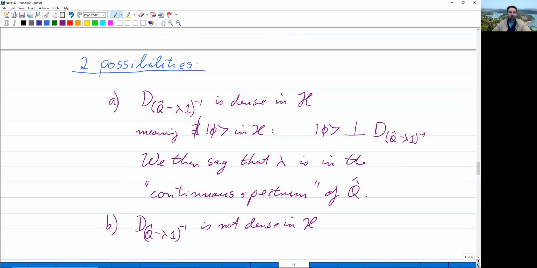This is the situation for the position operators and the momentum operators of quantum mechanics. So this will be occurring quite frequently.